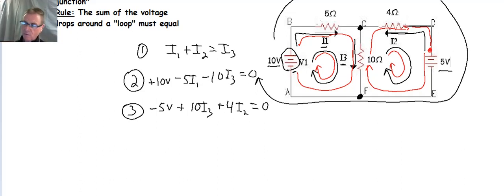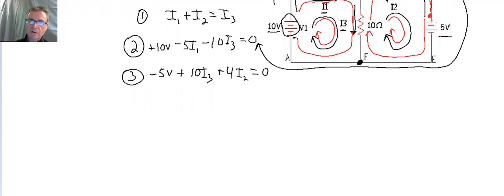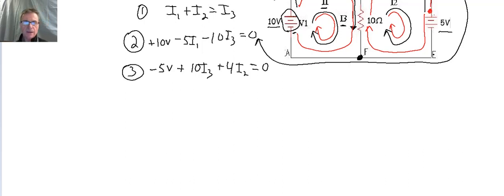Okay, so at this point what we want to do is solve our equations. Let's slide the board down a little bit here. So we have our 3 equations. We have the first equation, I1 plus I2 equals I3. And if we look at the next 2 equations, we have I1 here and an I3 here, an I3 here and an I2 here.